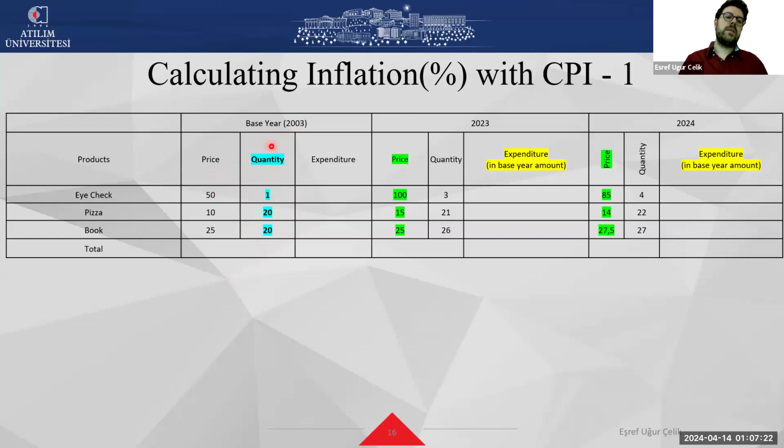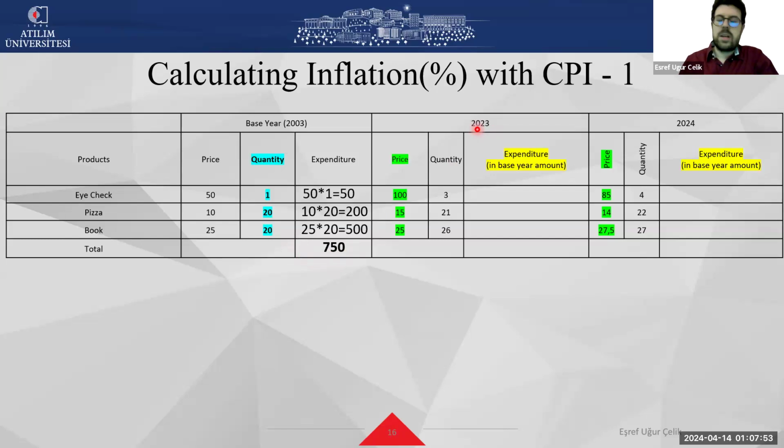And for the quantity, base year quantity. So 50 multiply 1 plus 10 multiply 20 plus 25 multiply 20. So in 2003, the expenditure by taking the base year quantity, 750.